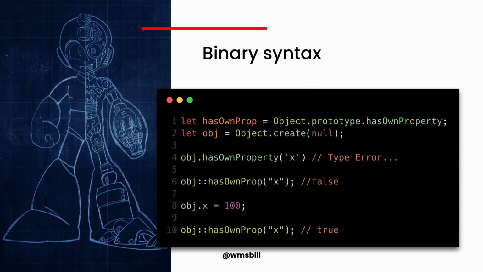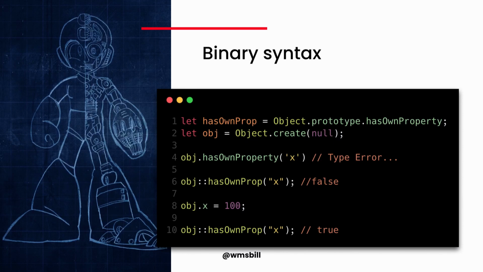Bind operator. This bind operator comes with two syntaxes, the unary form and the binary form. The binary form takes whatever is on the left side as a context and binds it to the right side of the operator. So that example could be rewritten on lines 5 and 10, the last one, like this.